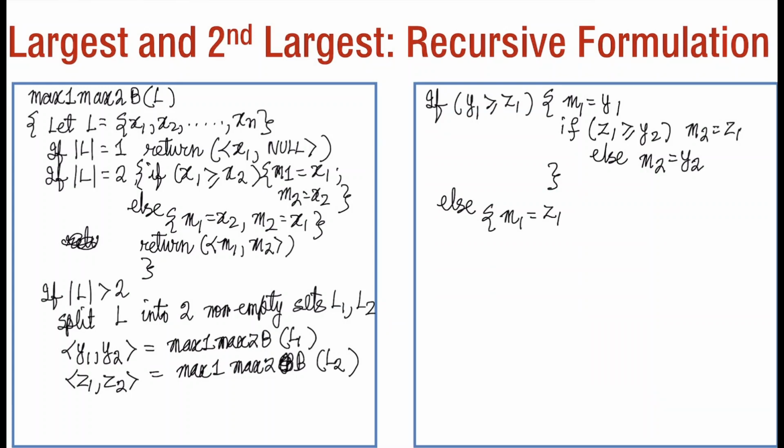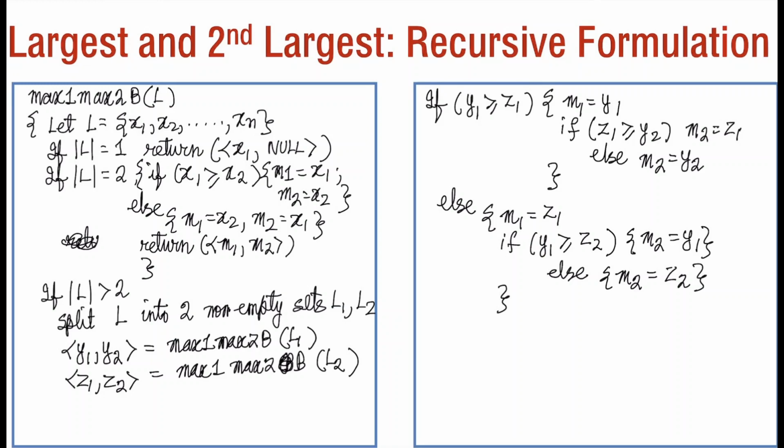So now we have to compare y1 with z2, and so we have if y1 is greater than z2, then we need to have m2 equal to y1, else m2 equal to z2.